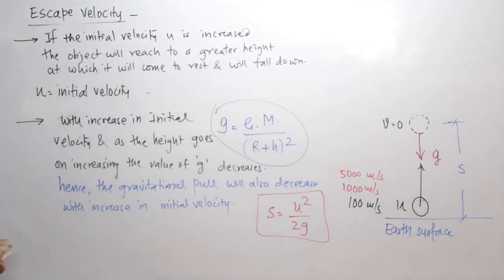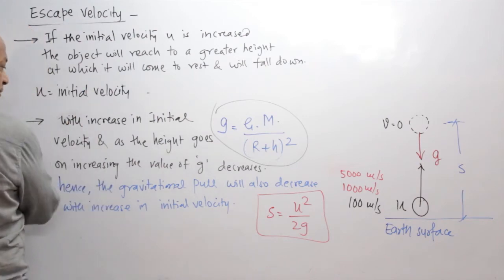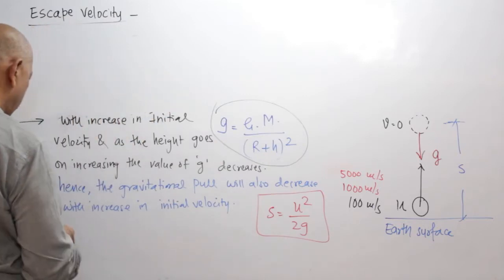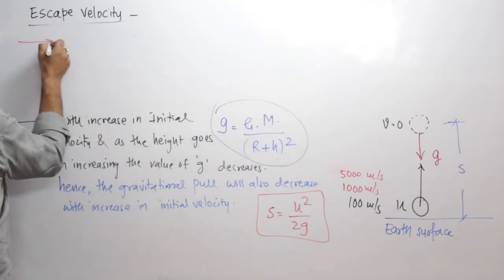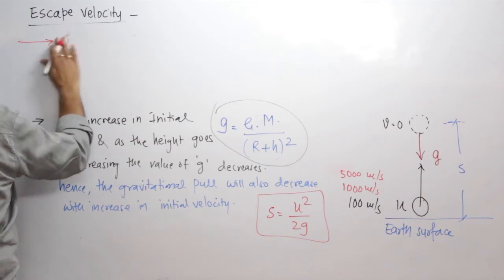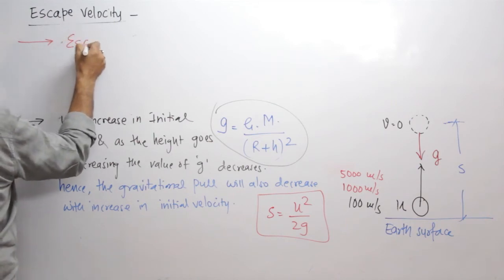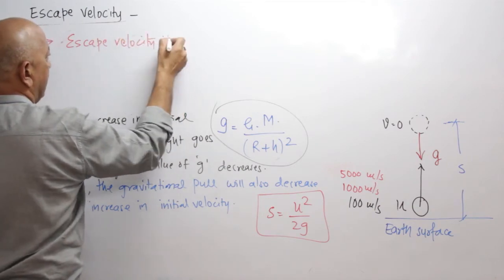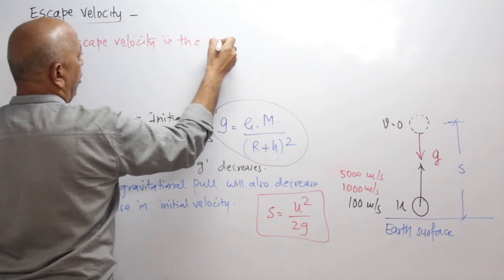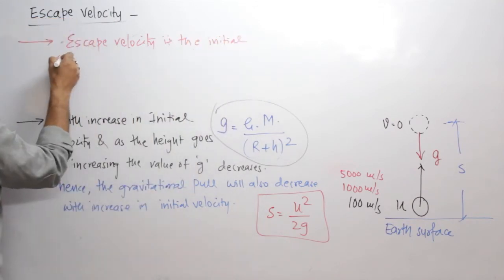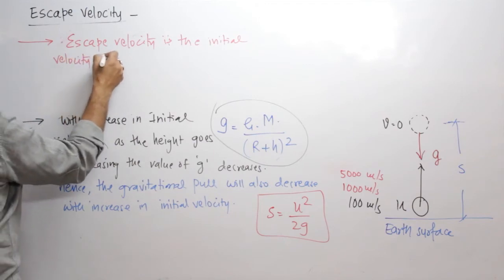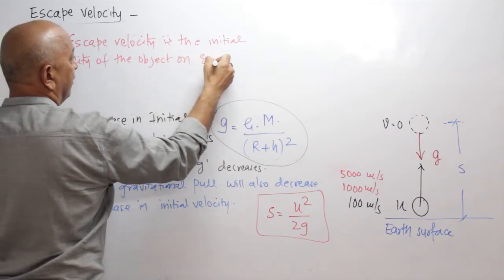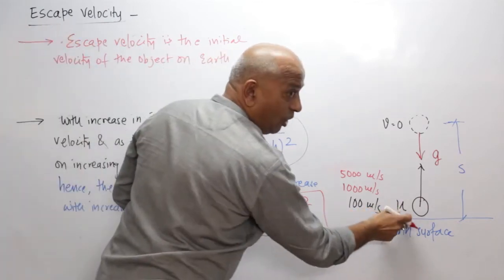So let us write down here. Escape velocity, लिहून घ्या. Escape velocity is the initial velocity of the object on Earth. On Earth आहे लक्षात ठेवा.